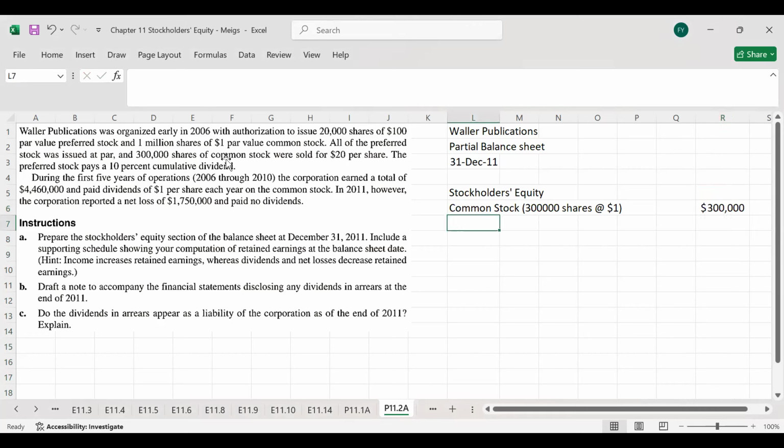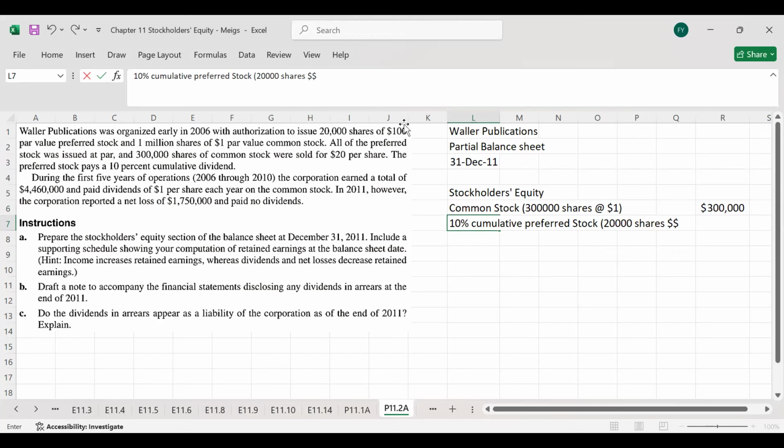Then we have 10% cumulative preferred stock, which is 20,000 shares. All authorized shares were issued, so there is no difference between authorized and issued shares. So 20,000 shares issued at par. The par value was $100.